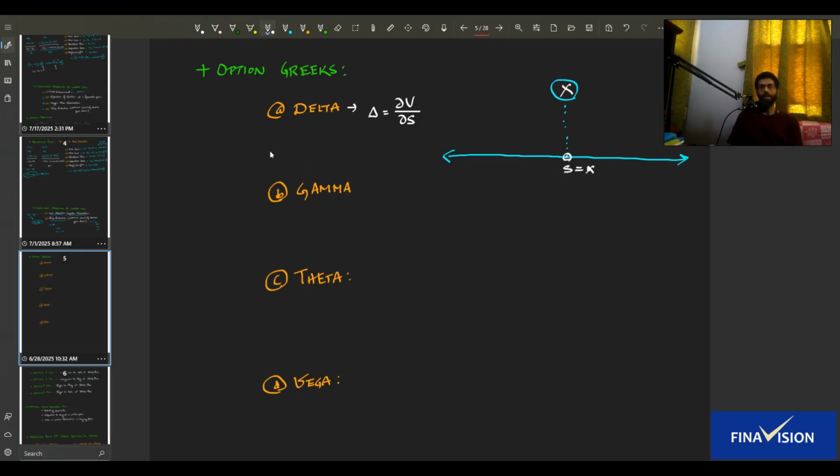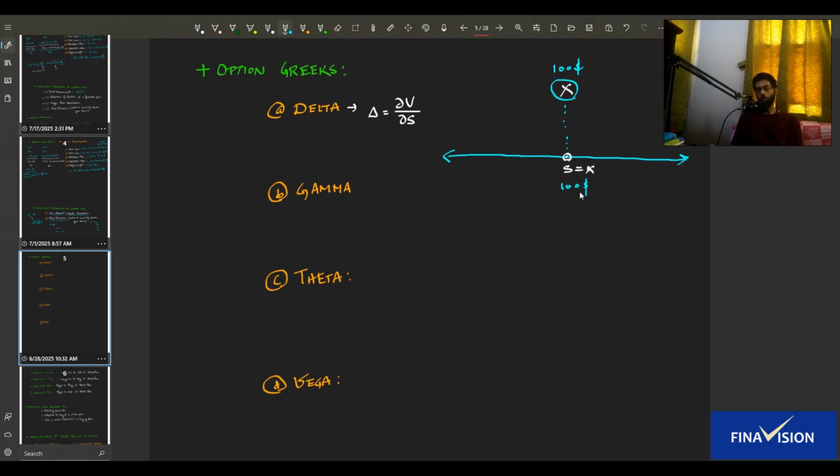Now the value of the delta depends on the probability of the option expiring in the money. The probability of the option expiring in the money. What do we mean by that? Let's say the strike price of an option is $100 and the stock is right now at $100, right?